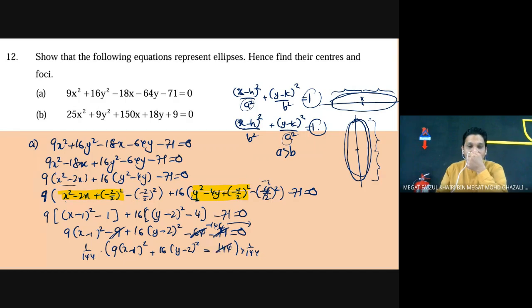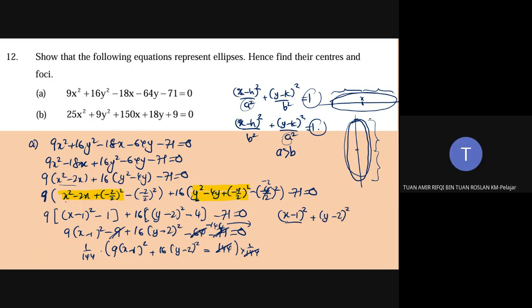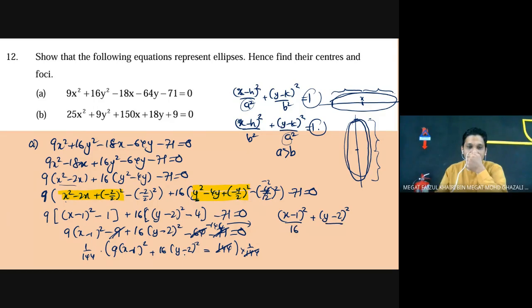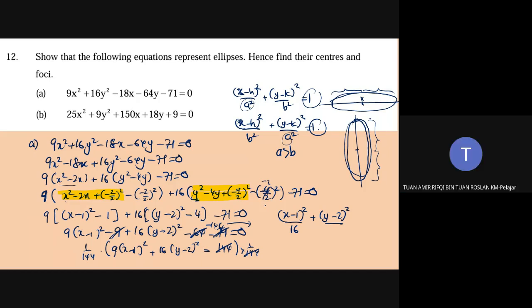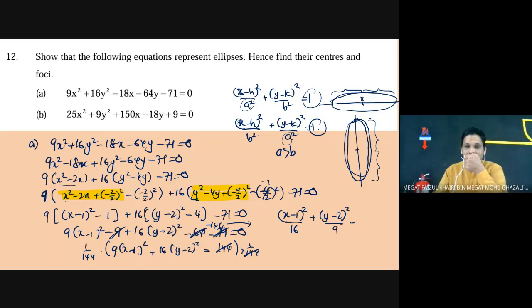So 144 divided by 144 equal to 1. 9 divided by 144 is 1 over 16, and 16 divided by 144 is 1 over 9, equal to 1.